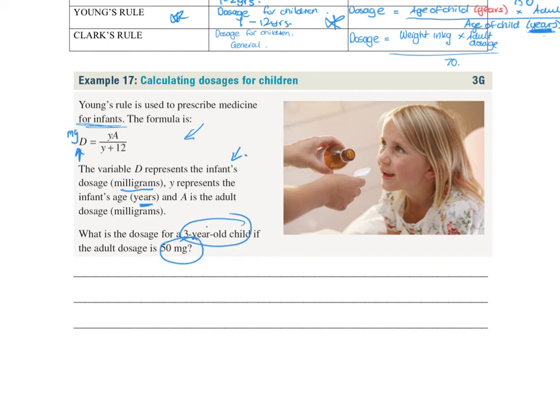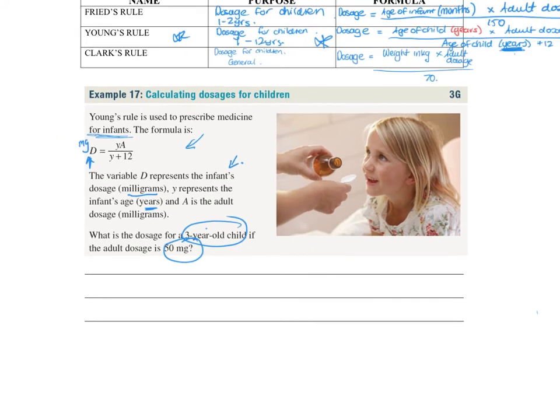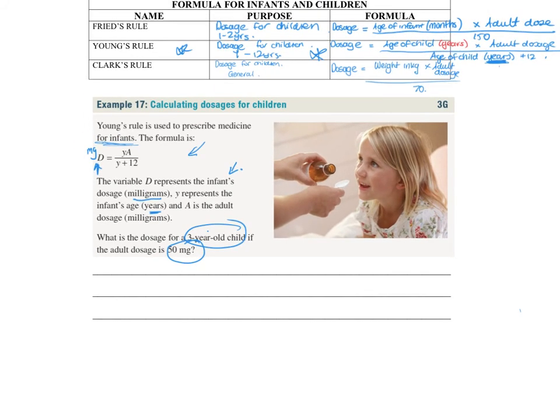So we've got a 3-year-old child, so let's have a look. The dosage, and this is for the child, so I'll just put a little C there. Let's write the formula out. Y times A over Y plus 12. Let's have a think about what Y times A is. So what is Y?